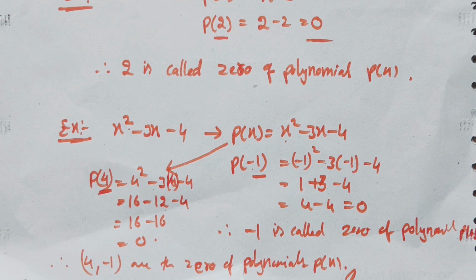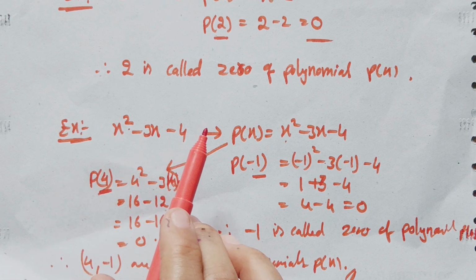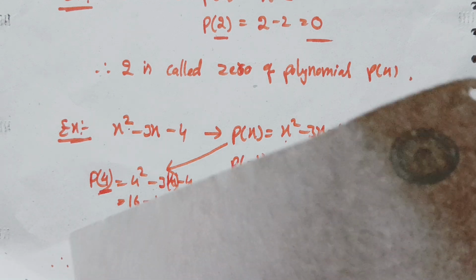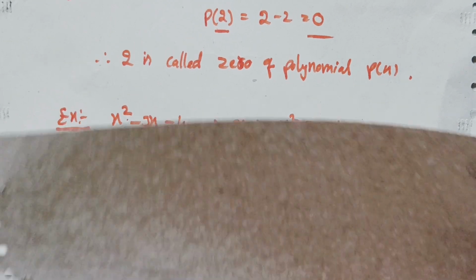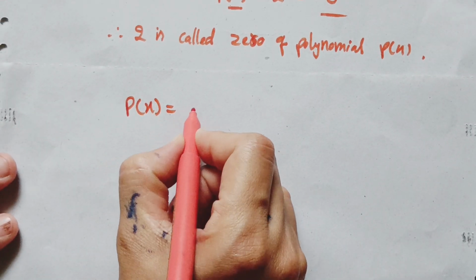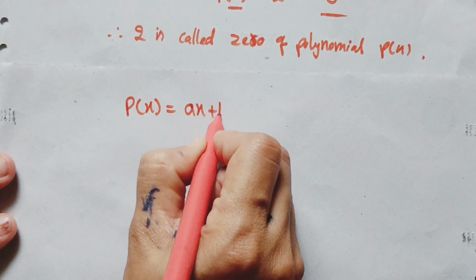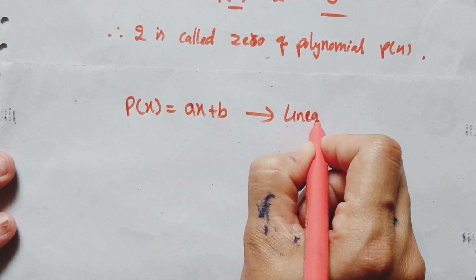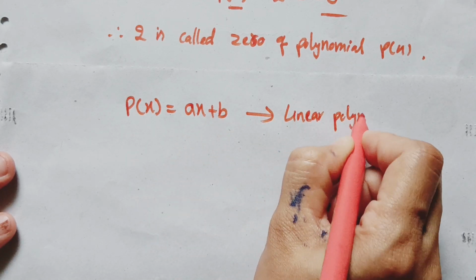Now I would like to tell you how to find the zeros of a polynomial for the linear polynomial. Suppose you have an equation p of x equal to ax plus b, which is the general form of a linear polynomial.